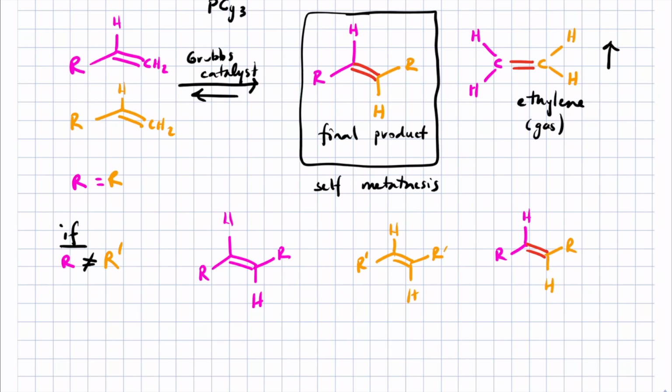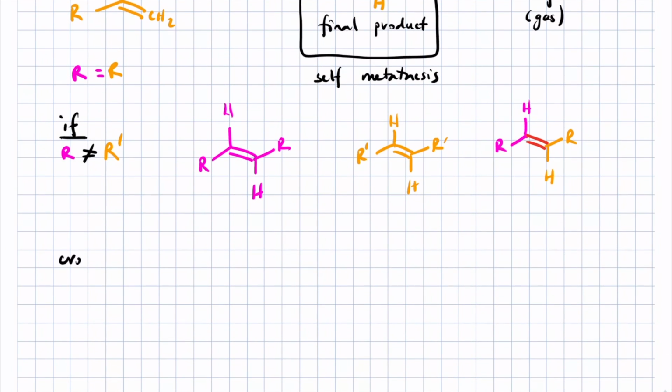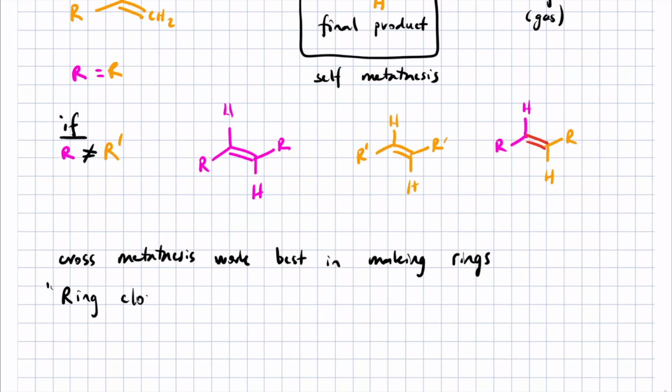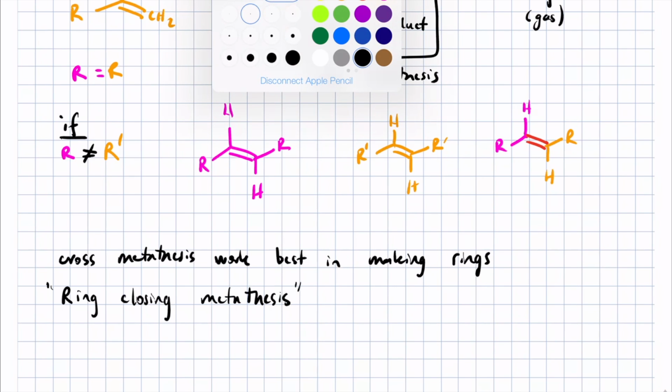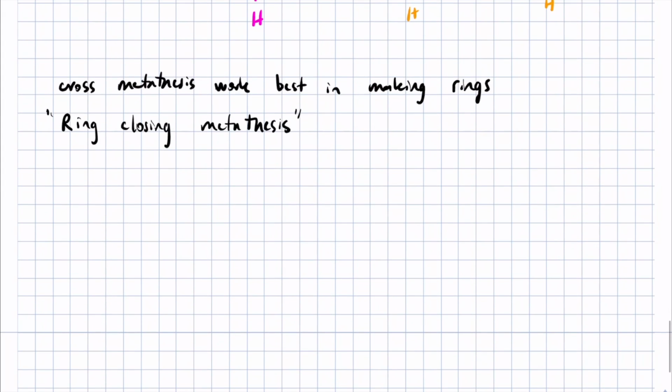And so cross-metathesis reactions are known, but they work best in making rings. And so what I'll show you now is an example of what's called ring closing metathesis. So I'll draw a molecule that looks like this.